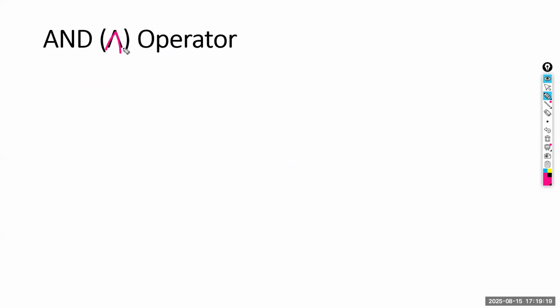What is the AND operator? It's a Boolean logic operator. And the corresponding set operator is intersection. You can see there's a very close relation, right? This is like an inverted V, right? It's very much similar to intersection. So how does the AND operator work? It operates on propositions.